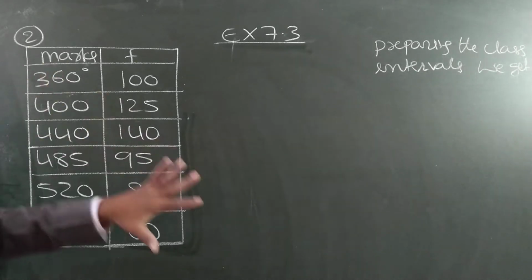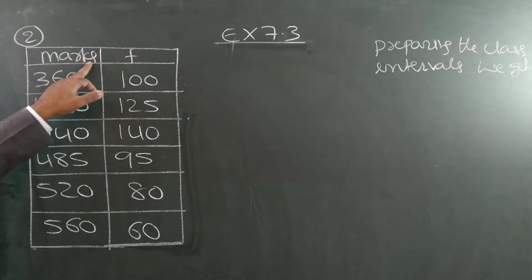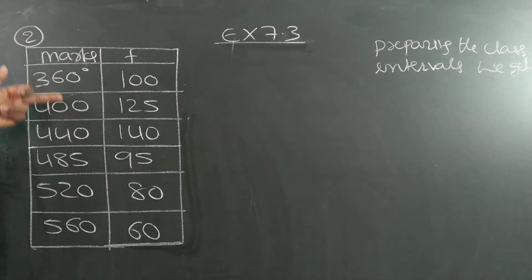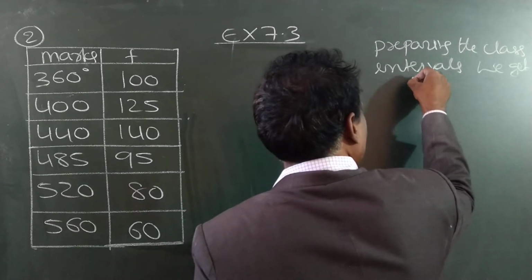Same table I am writing. Prepare the class intervals. But what is this? These are the mid values. Marks means mid values. You have to prepare the class interval, because frequency histogram means we require the class interval. Students, I am writing the table once again.